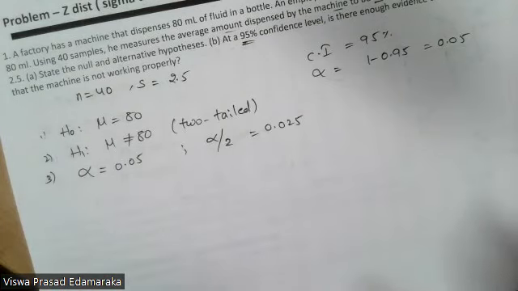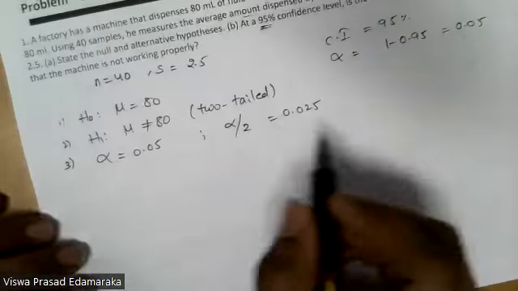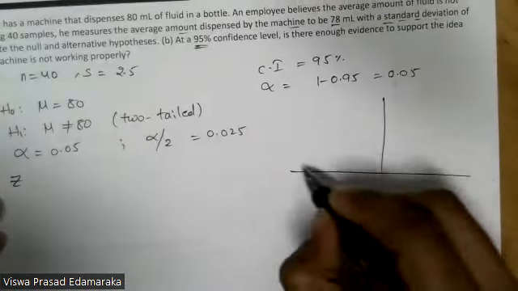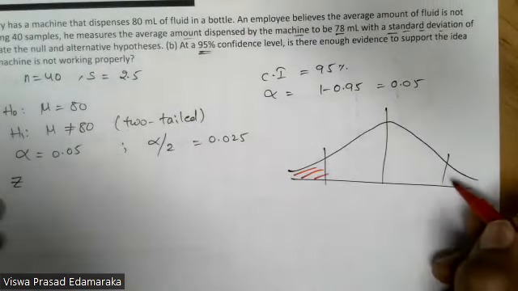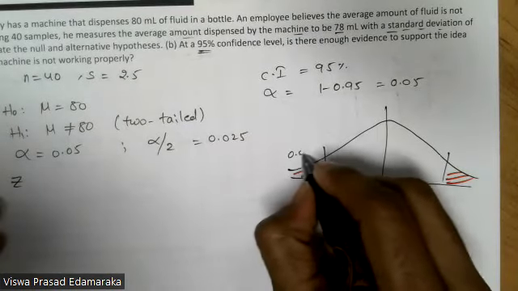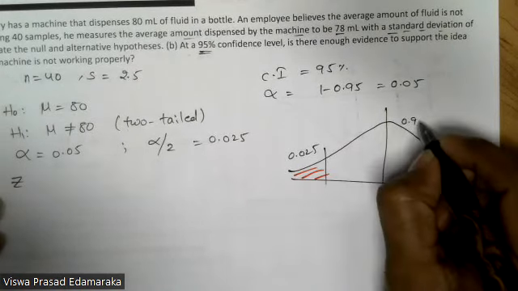So alpha by 2. Next, Z. This is 0.025, this is also 0.025. In the middle, it's 0.95.